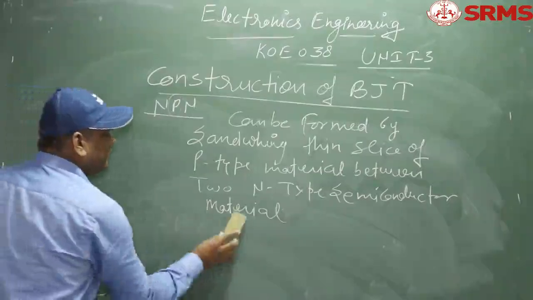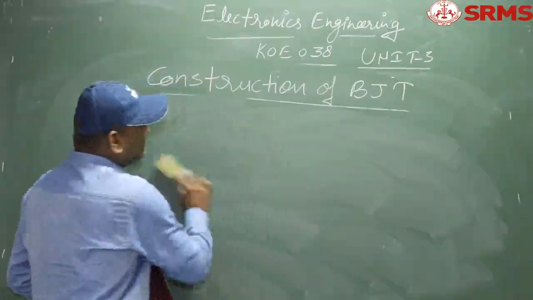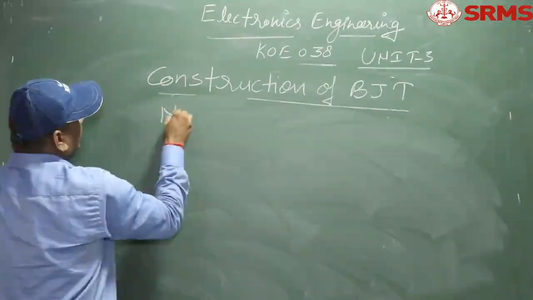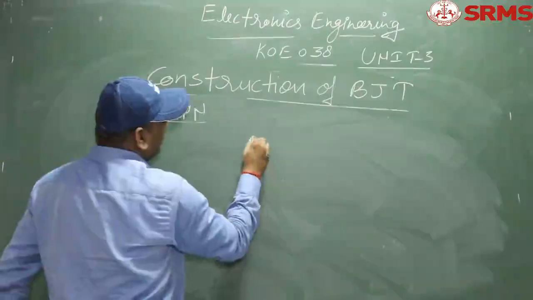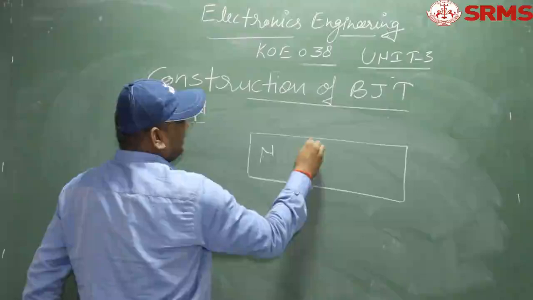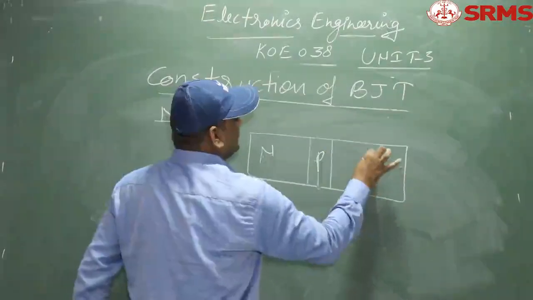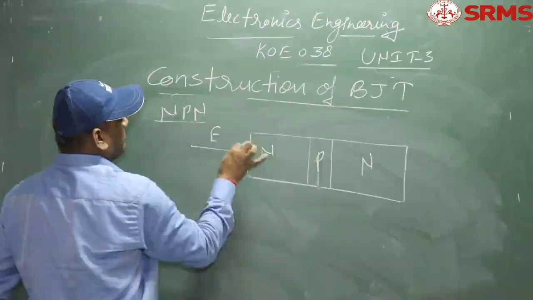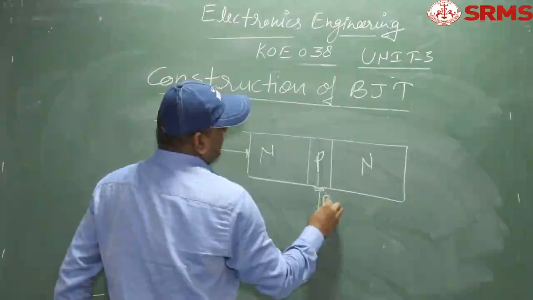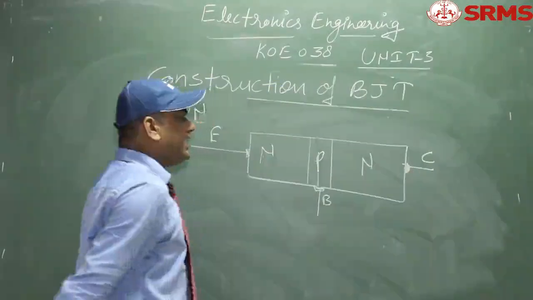Now here we will discuss some properties related to the transistor. We will discuss the NPN, how it is formed. This is N, this is P and this is N. This terminal is emitter, this terminal is base, and this terminal is defined as collector.